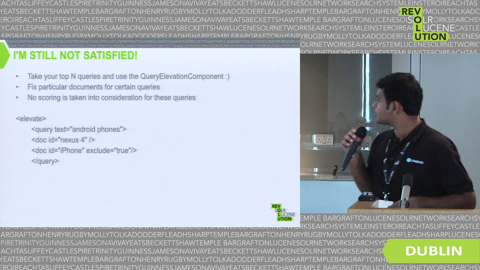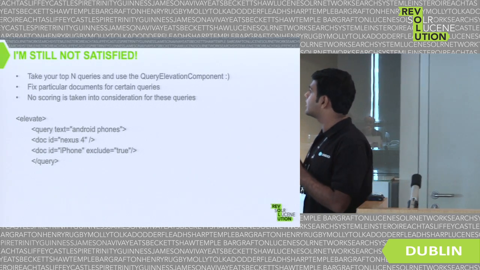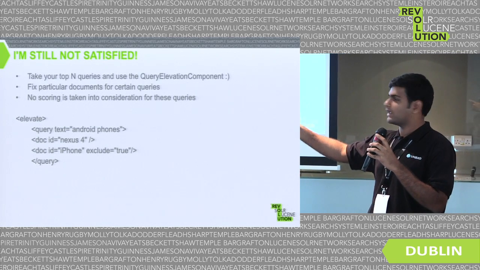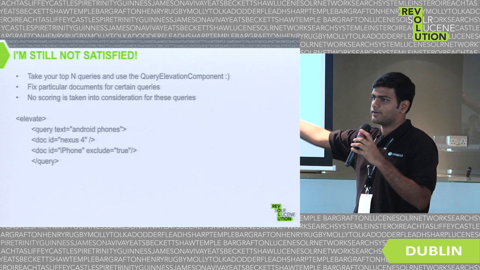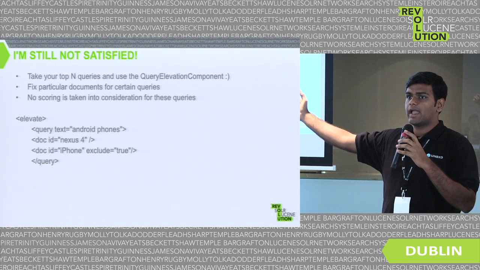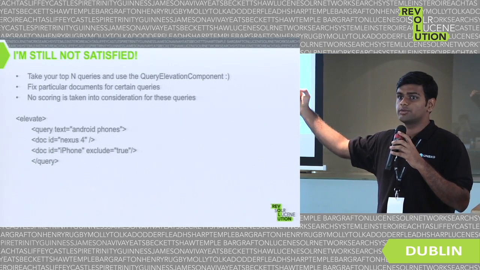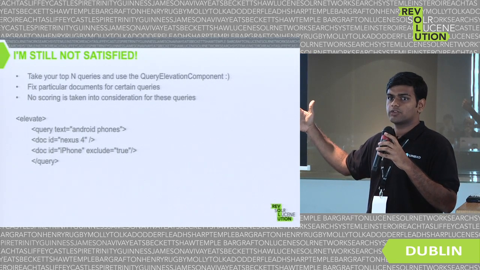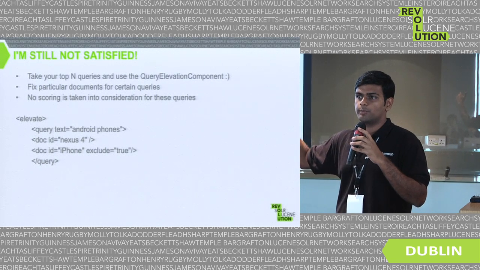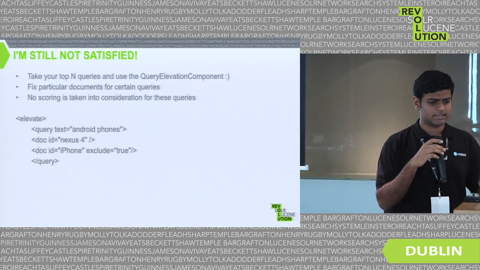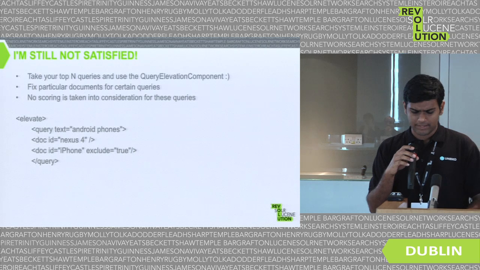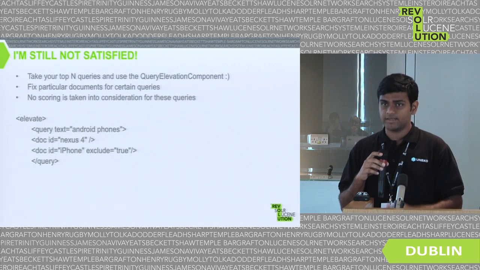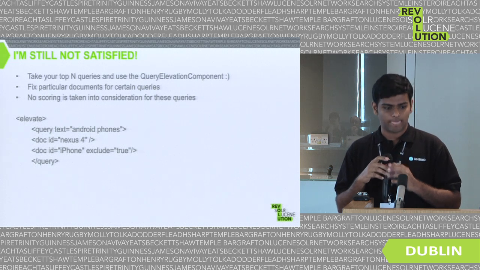So query elevation component has this good feature where you can say you want to boost a product, like the id of a Nexus, suppose, and you could also say I want to exclude certain products from the query search result. So you could use that with the exclude true parameter. This is how you would customize the experience on a per query basis.